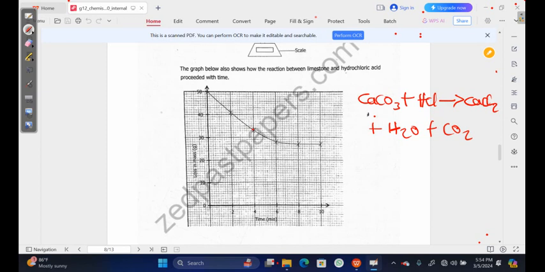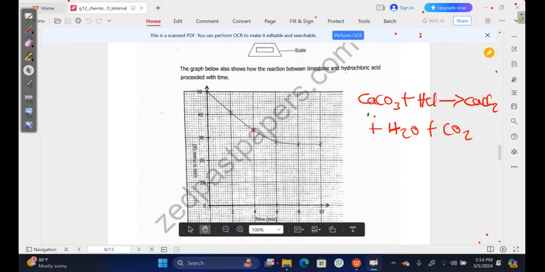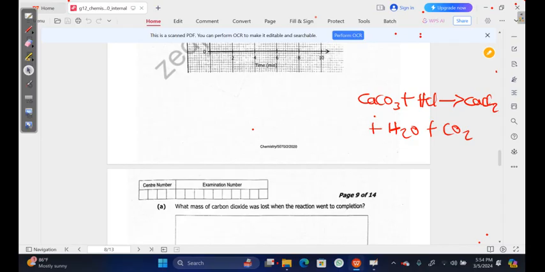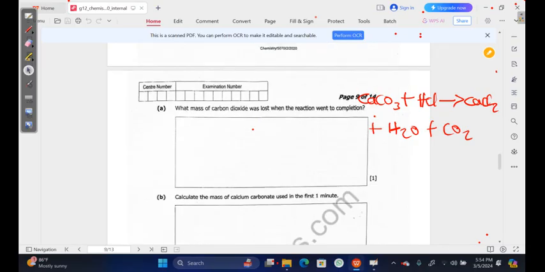You can even start from 20 and count 21, 22, 23, 24, 25, 26, 27. So 27 was the mass in the beaker when the reaction completed. At the end of the reaction in our beaker we had 27.